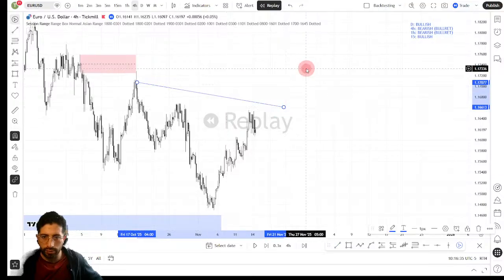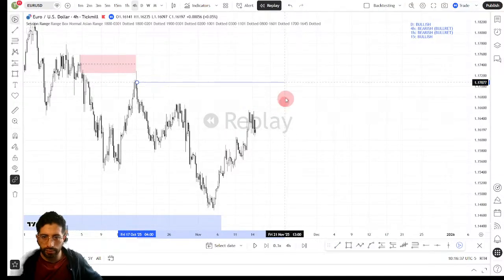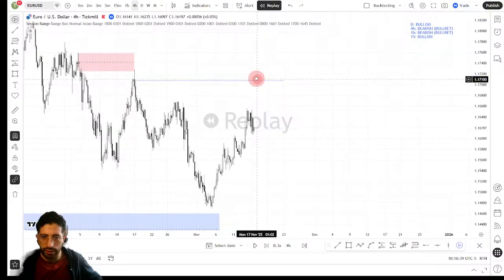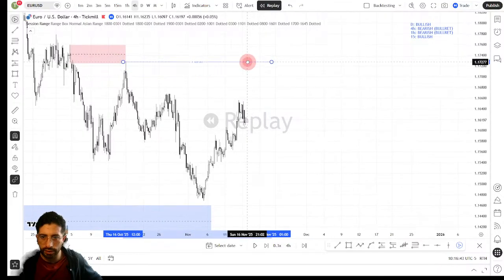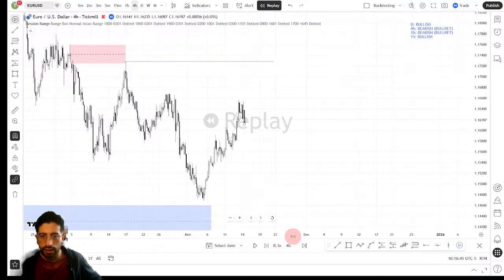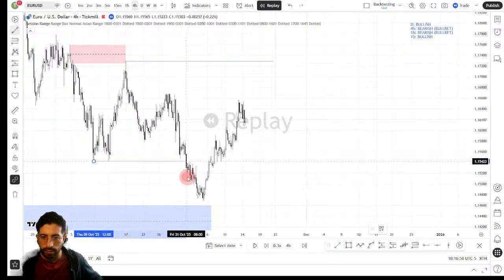Sorry, no. All right, wait. All right, so this is the 4 hour range beginning. Here it is. Perfect. And then we have here a BOS, a break of structure with the body of the candle. Nice.